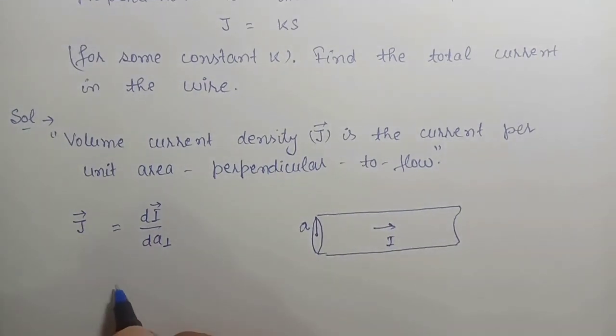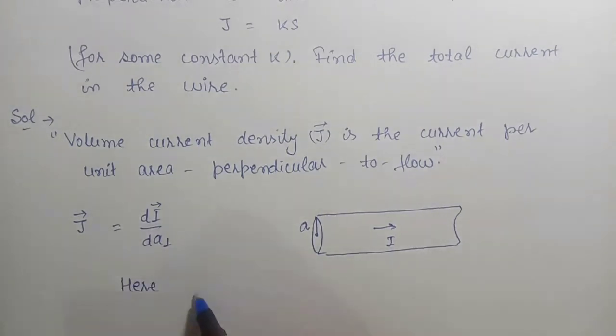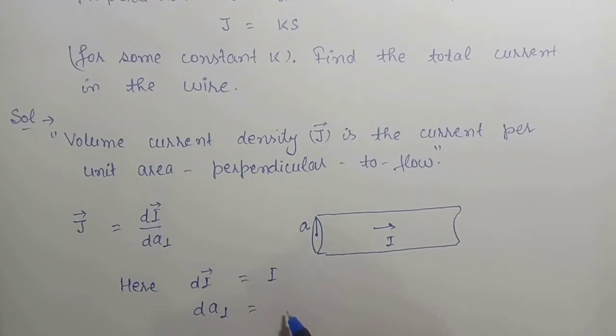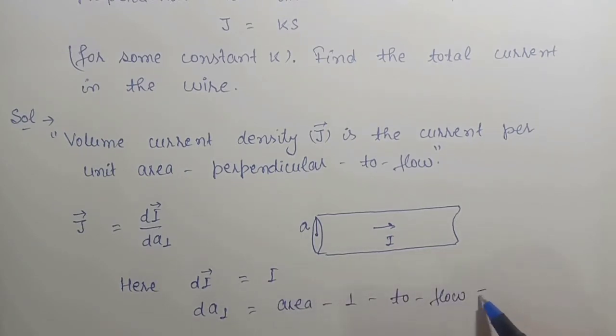As per the question, dI is equal to I and dA perpendicular, the area perpendicular to flow, is equal to pi a square.